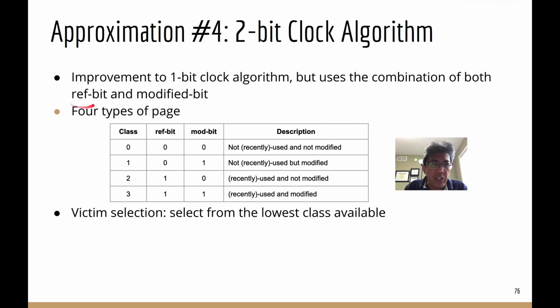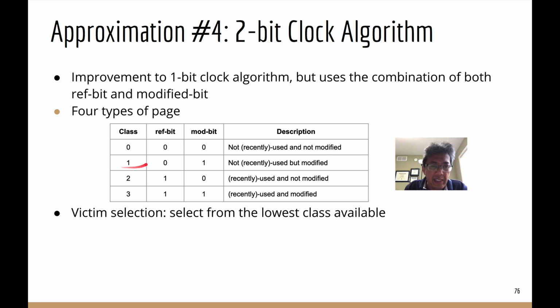Based on the combination of the 2 bits, we can see 4 different classes of page. The first class, class 0, is when both the reference bit and the modified bit are 0. That means this page was not referenced and was not modified.